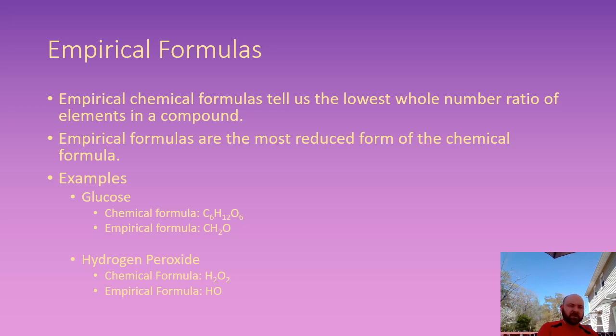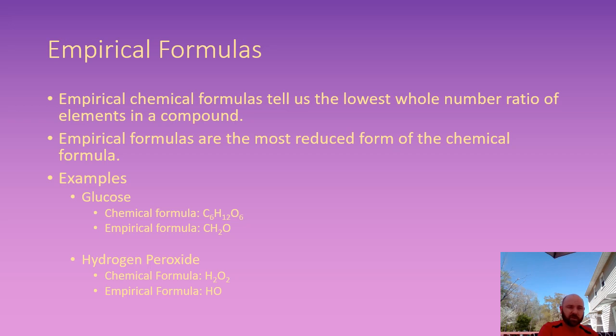The first one is glucose, again, the most simple sugar molecule we can identify, and glucose is formed of 6 carbon atoms, 12 hydrogen atoms, and 6 oxygen atoms. So the chemical formula for glucose is C6H12O6. But each of those shares a common denominator of 6.